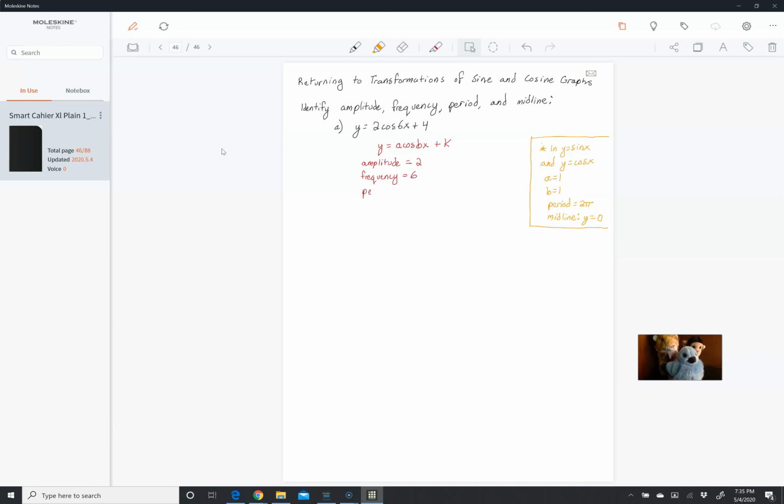Our period is 2 pi over b, which in this case is 2 pi over 6, and you should always simplify, so this is pi over 3. And then our midline is at y equals positive 4. So it went from 0, we translated it up to 4. Our midline went from y equals 0 to y equals 4.